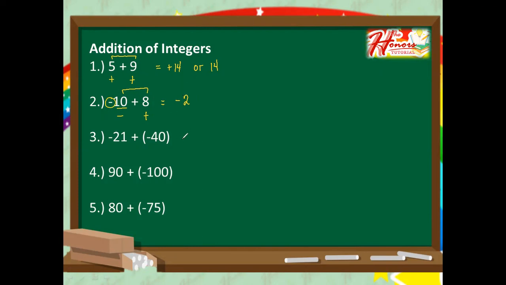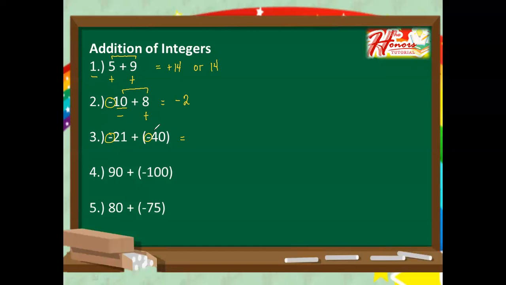For number 3, we have here negative numbers. So they are both negative. So let's go back to number 1. As you can see, we have here both positive numbers. So therefore, we add the numbers and copy the sign. Same thing here for number 3. Both are negative numbers.